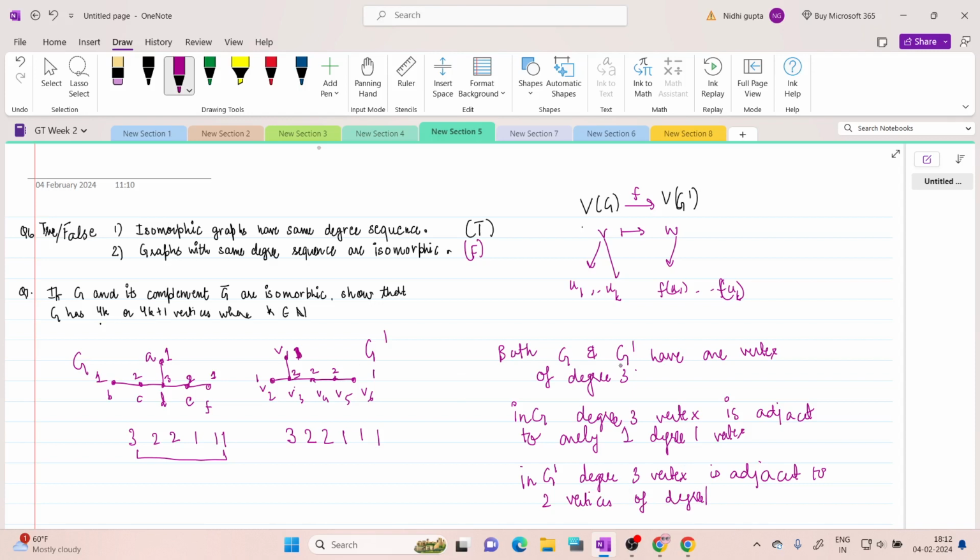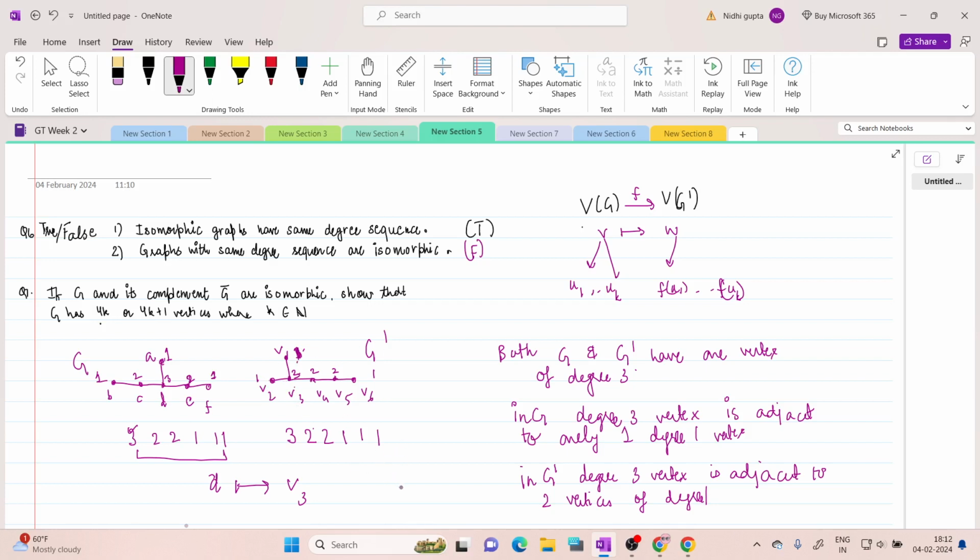So if there was some isomorphism, since both have only one vertex of degree 3, in that isomorphism this degree 3 vertex D should go to V3. But we see the vertices adjacent to D are C, E, and F, and only one of them has degree 1. Whereas in G prime, we have a degree 3 vertex which is adjacent to two vertices of degree 1.